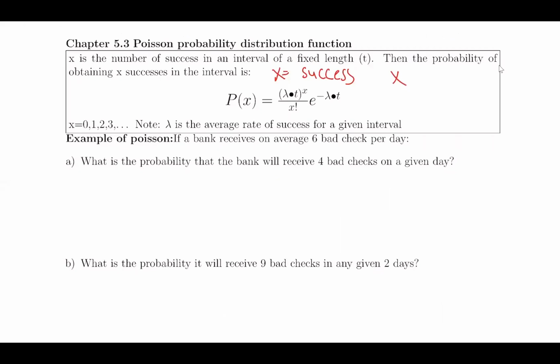So X still represents how many successes we want. Then we have T. T corresponds to time.